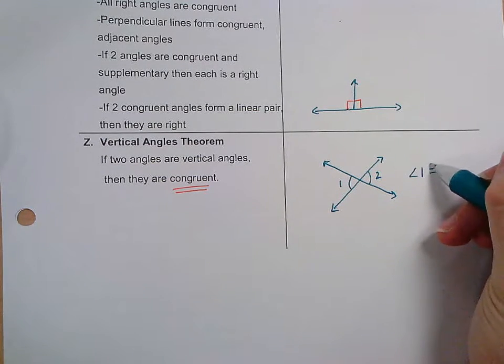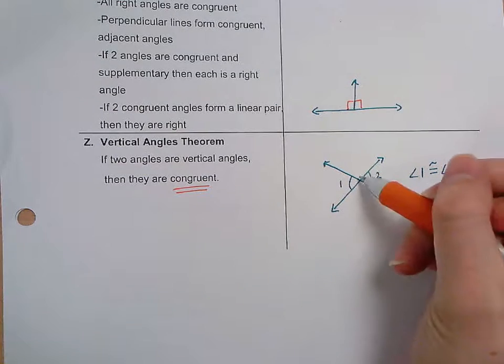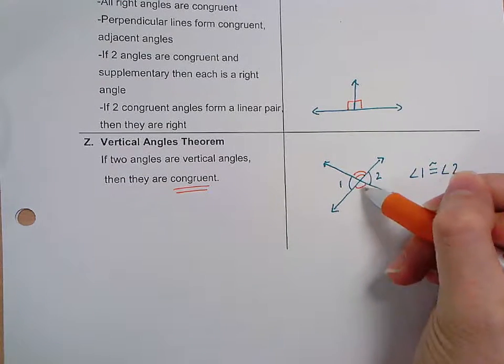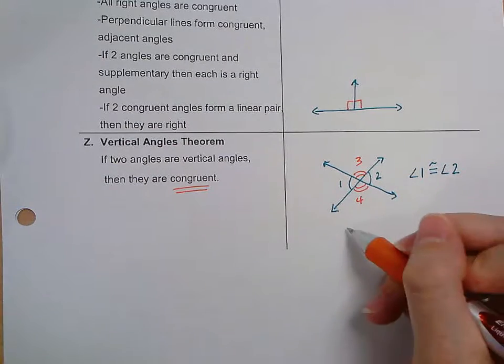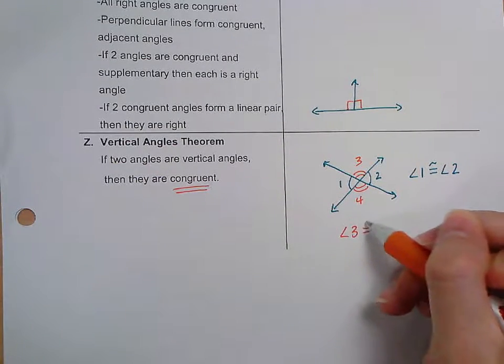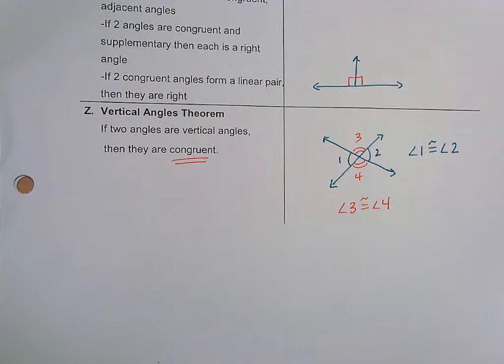Angle 1 is congruent to angle 2. But you also have another pair of vertical angles. If I call these 3 and 4, angle 3 is congruent to angle 4. So if you're told angle 1 and angle 2 are vertical angles, your conclusion is they're congruent. I know they're the same measure by the vertical angles theorem.